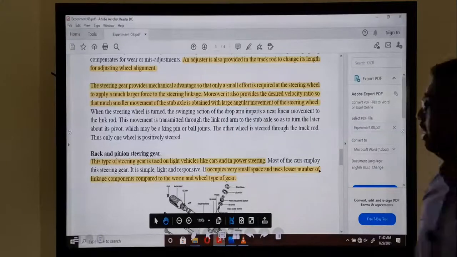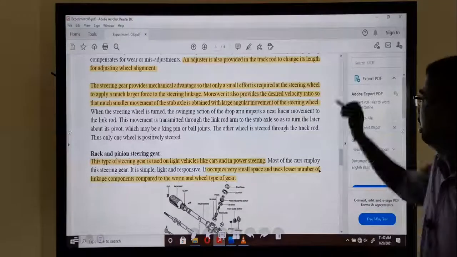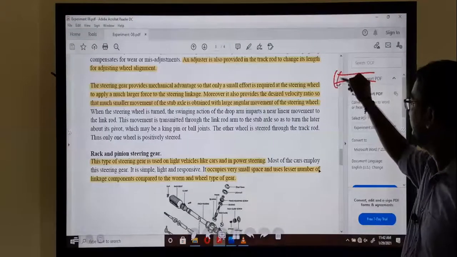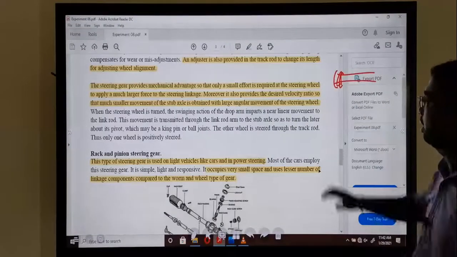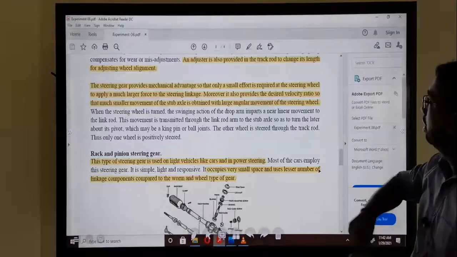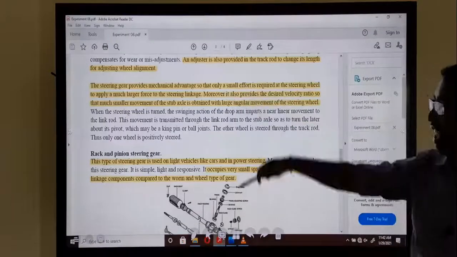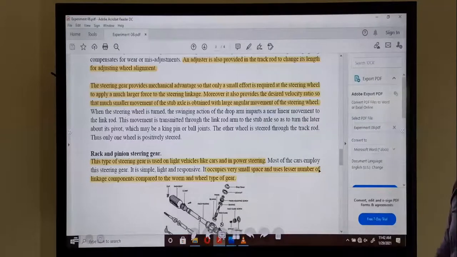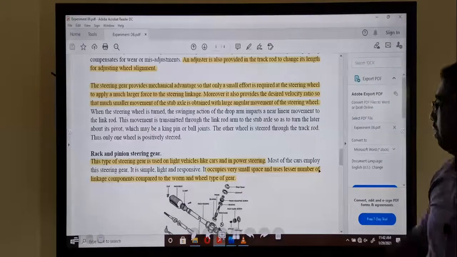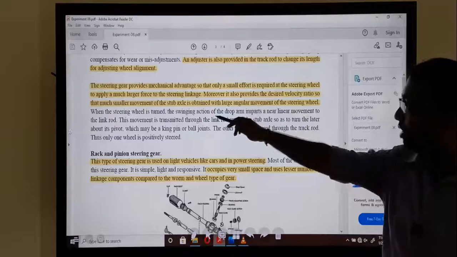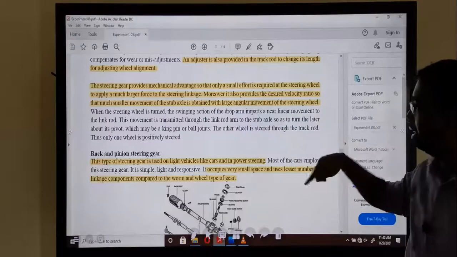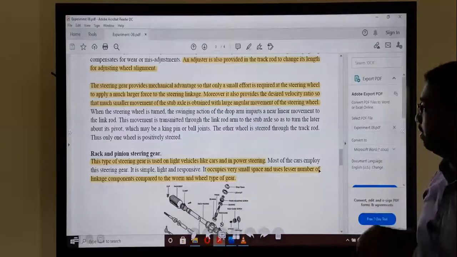So I already told you about the outer track, the toe-in tie rod, there is a thread in the tie rod to change it for setting wheel alignment. And with this type of mechanical advantage, similar movement of the stub axle is obtained with larger angular movement of steering.